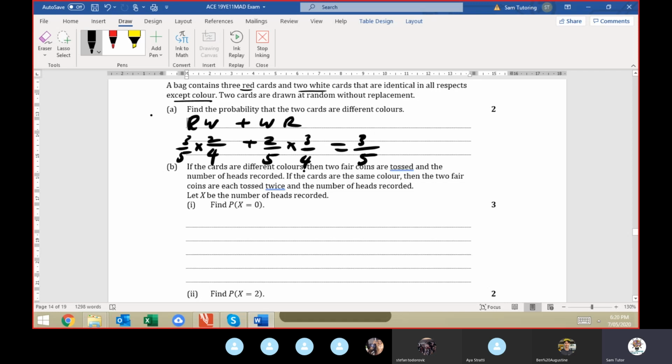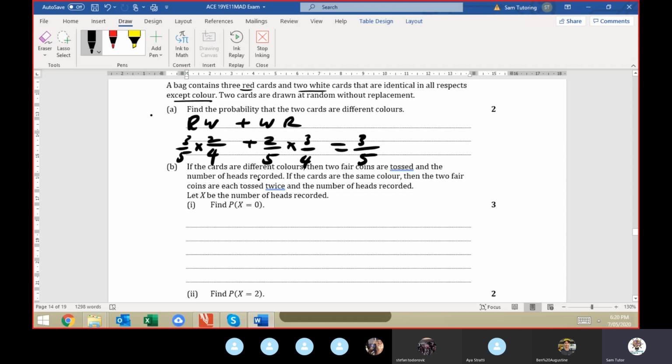If the cards are different colors, then 2 fair coins are tossed and the number of heads recorded. If the cards are the same color, then the 2 fair coins are each tossed twice and the number of heads recorded. Let X be the number of heads recorded. Okay, let's do that again.